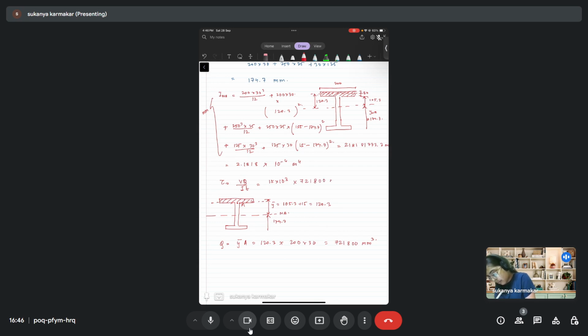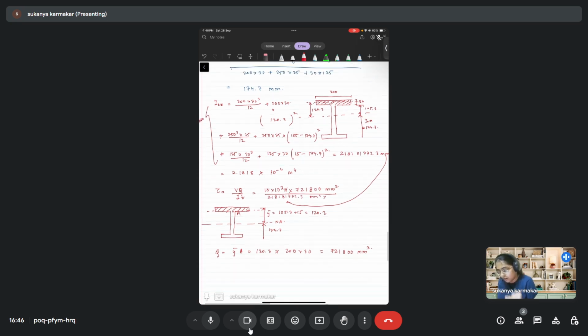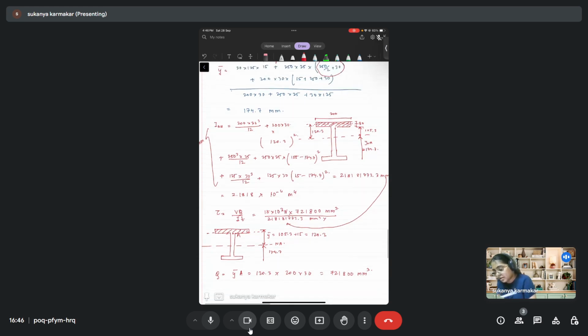721,800 mm cube. This is in Newton. I is this number, which is just substituted to 18181,773.3 mm to the power 4, and T, the thickness or basically the width of that section.